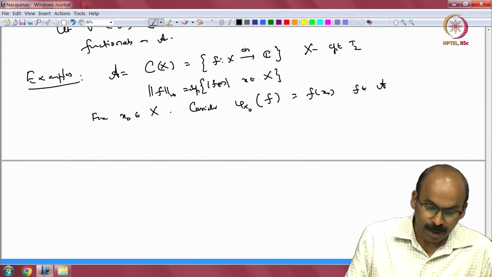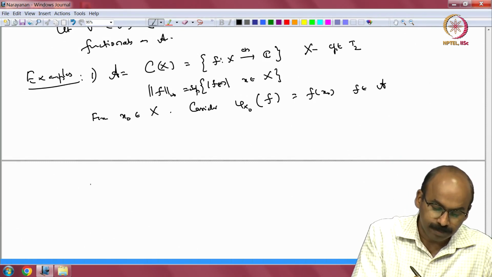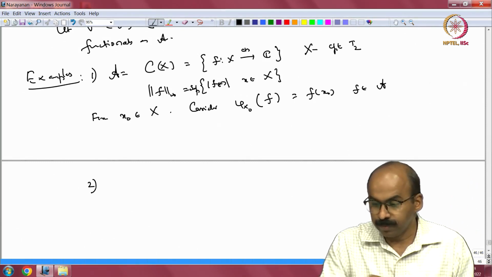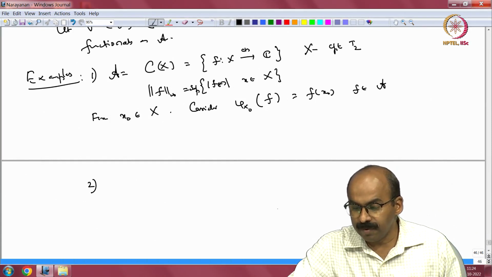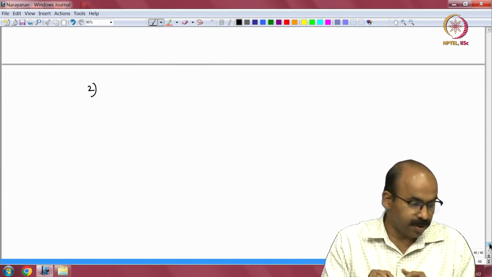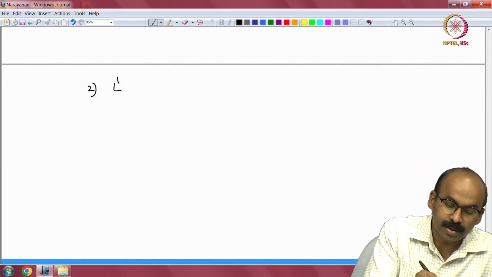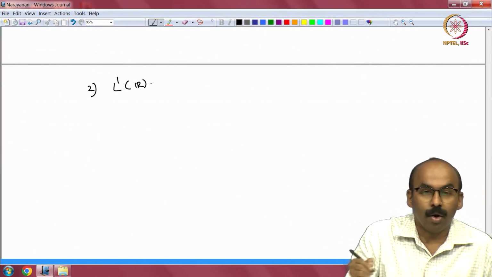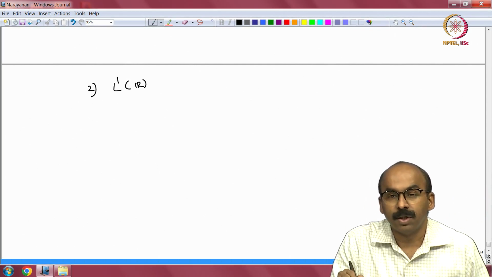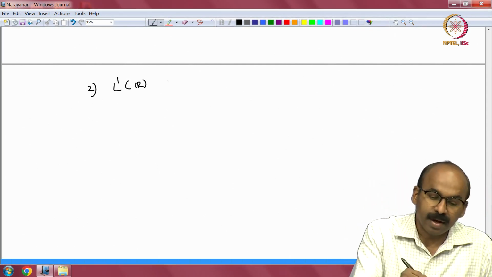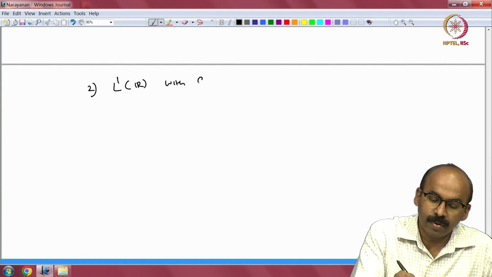But let us look at another example. Example 2: when we defined Banach algebras, one of the examples we introduced was L1 of R, all Lebesgue integrable functions on the real line with convolution.